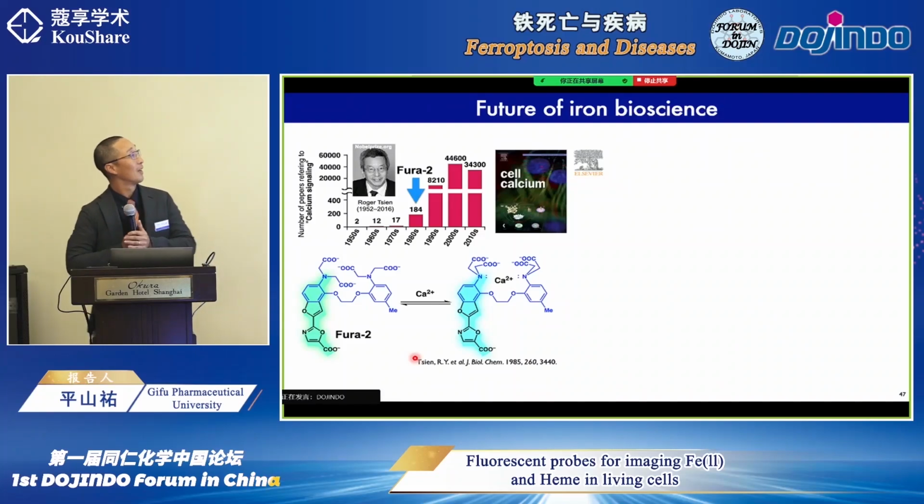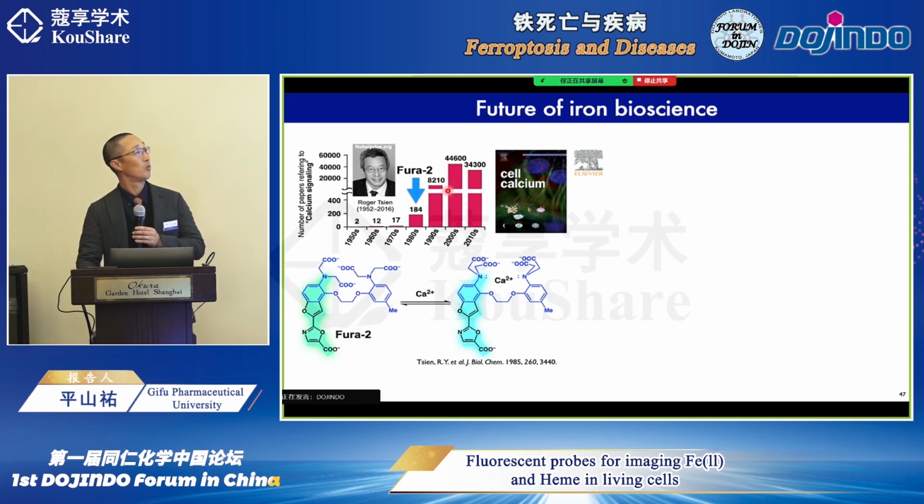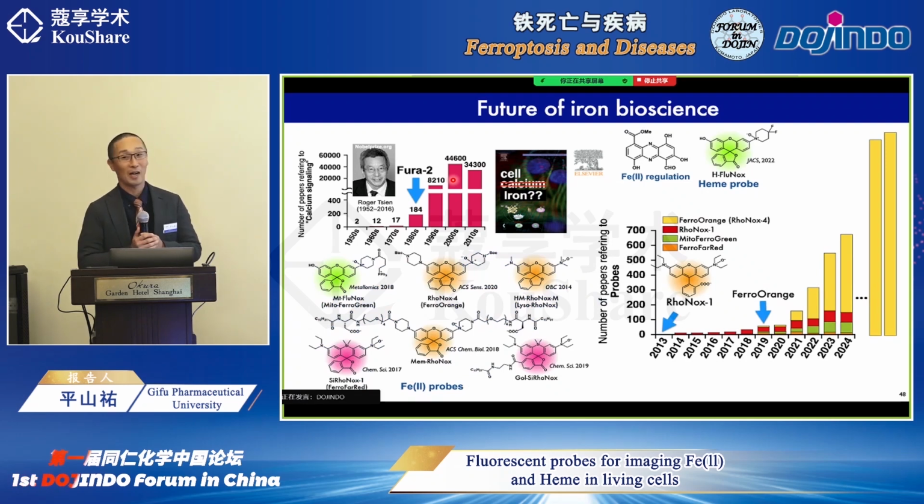To wrap up my talk, I would like to talk about the future of iron bioscience. Roger Tsien, who received the Nobel Prize for GFP, also developed the calcium indicator Fura-2. And after he developed Fura-2, calcium biology papers rapidly increased. So how about the case of iron biology?